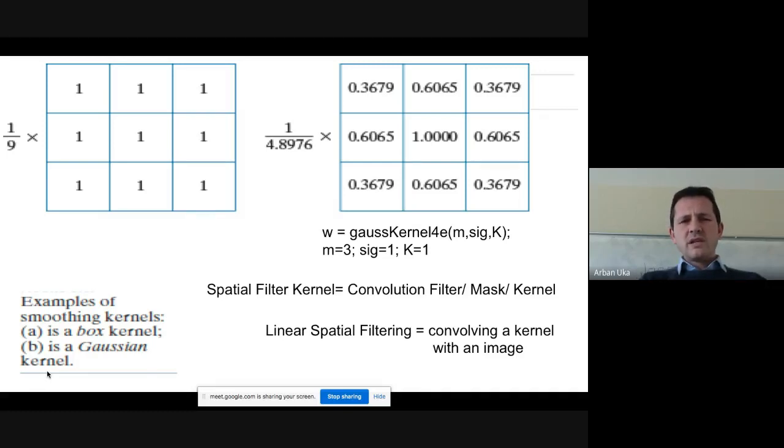We need to normalize it by 9 so that an 8-bit image will still fit into an 8-bit assigned variable. So if the maximum pixel intensity is 255, or let's say 200, if we add 9 of these, the image will get saturated if we just add up 9 pixels without dividing by 9 to take the average. So this is called a box kernel. Box kernels, we assume that they are averaging kernels.